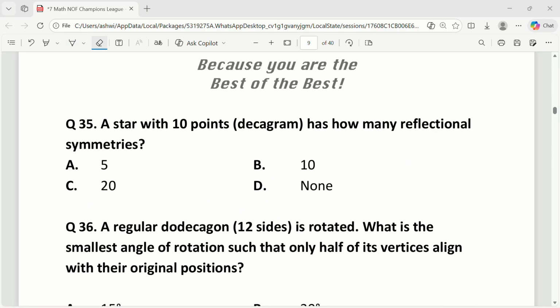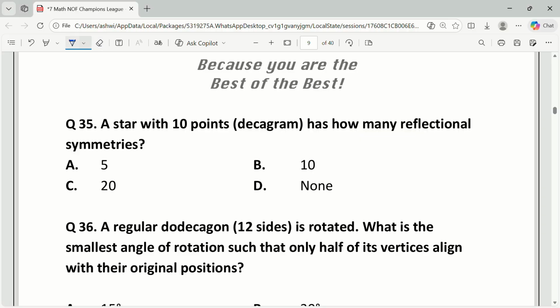Question 35. A star with 10 points, decagram, has how many reflectional symmetries? The answer is B, 10. A regular decagram, a 10-pointed star polygon, has a total of 20 symmetries, which forms the dihedral group D10.